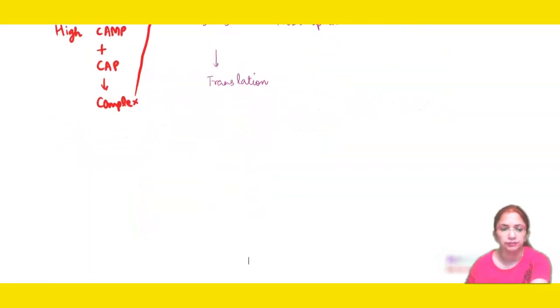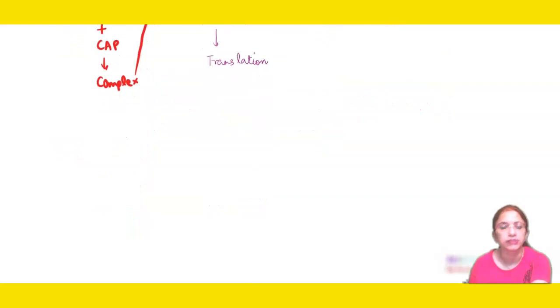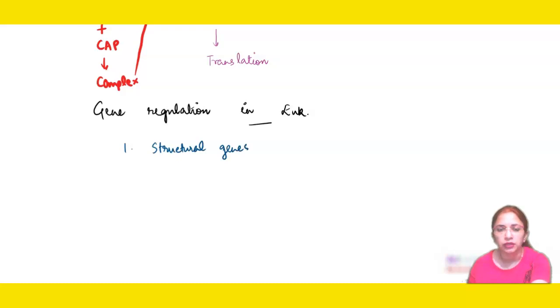Now we will see how gene regulation is done in eukaryotes. However, it is not there in the board examination, but you must know it here because we have studied prokaryotes, so the names can be learned by you. Eukaryotes also have structural genes. They also have regulator genes like prokaryotes.